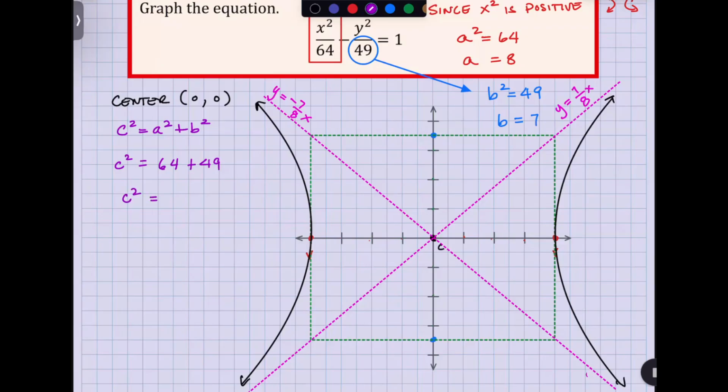So C squared is equal to what? 113? Which is approximately what? So that means 2, 4, 6, 8, 10.6.